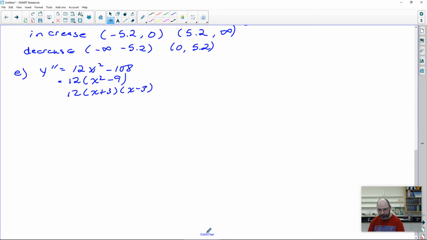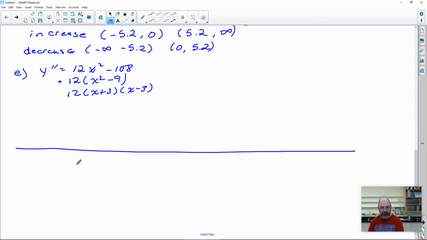Okay, so now we do a sign analysis with the second derivative test. We've got a negative 3 and a positive 3. So we've got 12, and 12 is never negative.